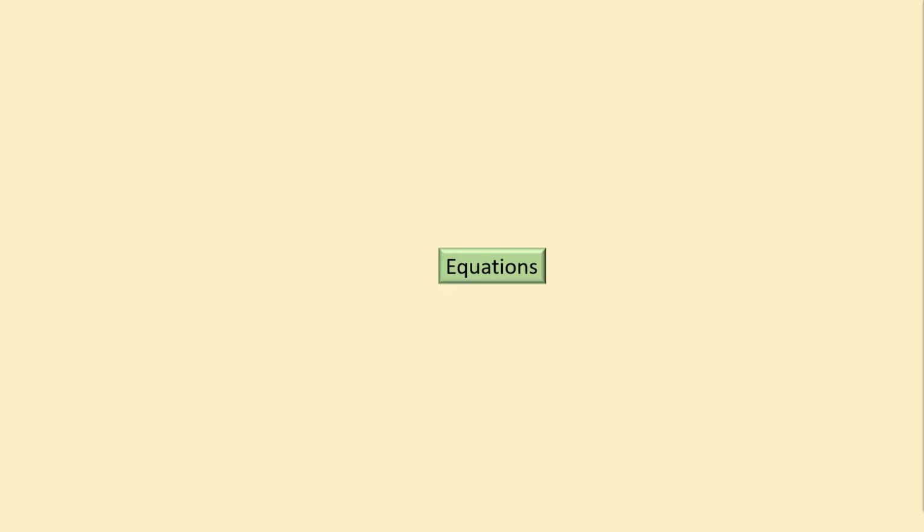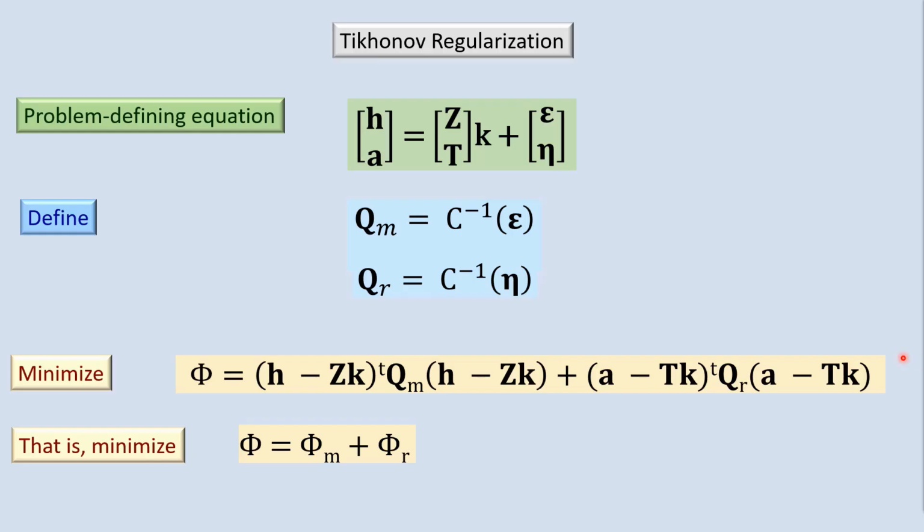Now let's formalize this with a set of equations. So here's our problem defining equation. The noise associated with the data, the uncertainties associated with my Tikhonov constraints. I'll define two Q matrices, two weight matrices, as I've done in other slideshows, other videos.